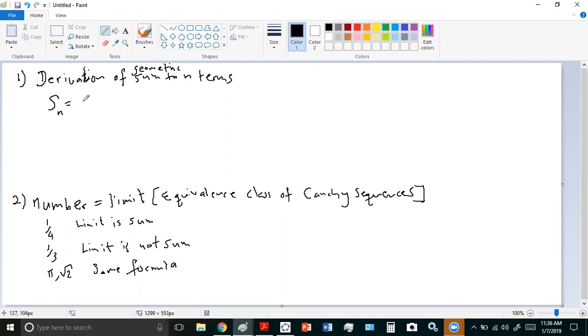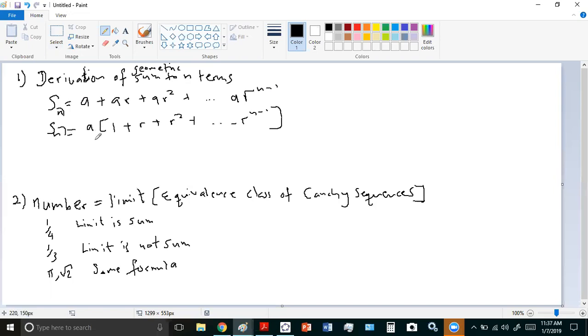Okay, so if it's Sn, then the first term is a, and the second term is ar plus ar squared, all the way up to ar to the n minus 1. n minus 1 because you started with a, right? And of course, you could take the a out here and just write that as 1 plus r. It makes it easier to work with, like that.